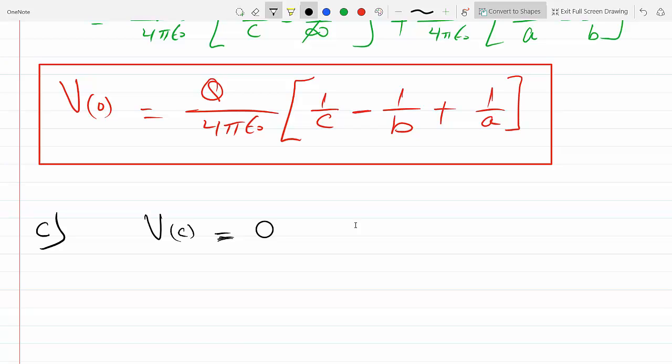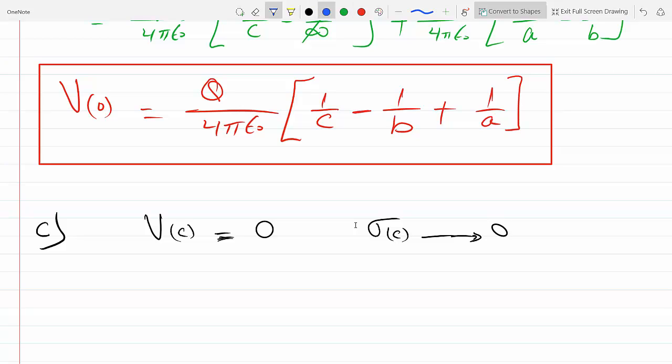Well, if that's the case, then there's no charge anymore on that surface, and sigma C goes to 0.